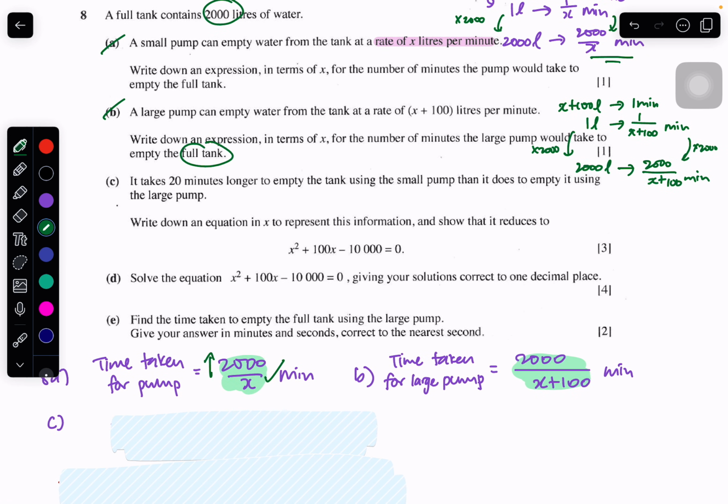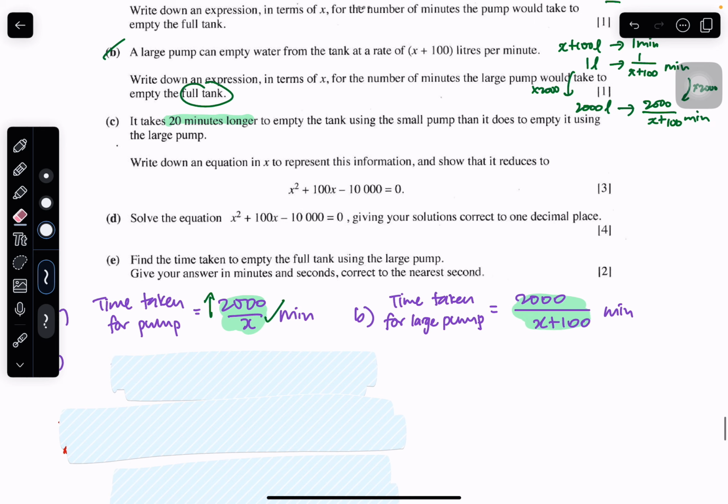That means the time taken for the smaller pump is longer than the time taken for the larger pump. The difference between the two pumps' timings would then be equal to 20 minutes. So how do I write down the equation? The expression for the time taken by the smaller pump, subtract the time taken by the larger pump, equals 20.